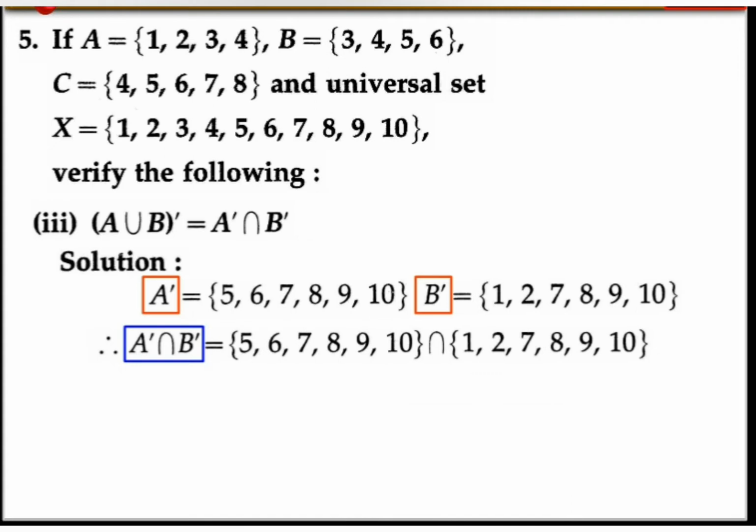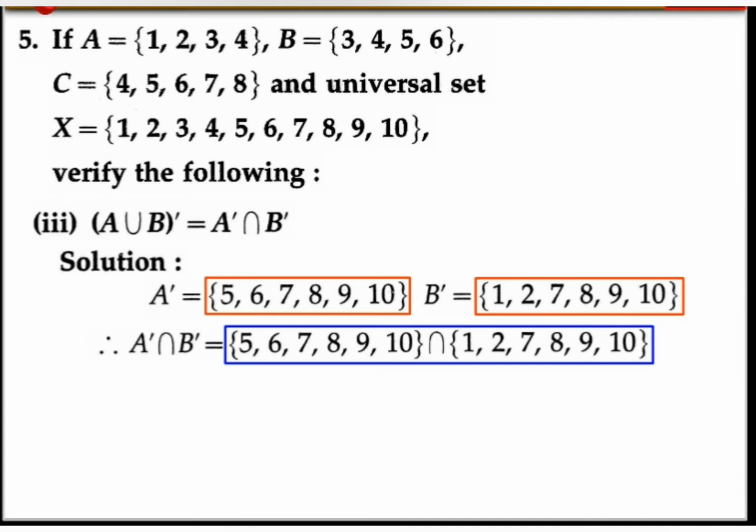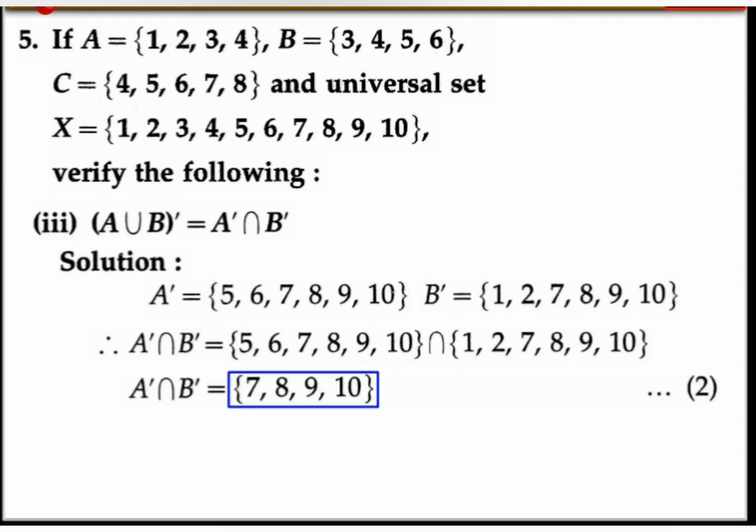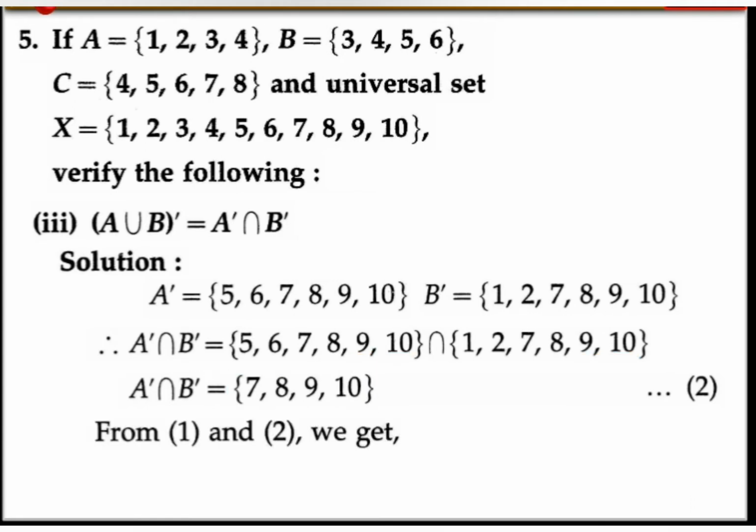Now A complement intersection B complement will be set of 5, 6, 7, 8, 9, 10 intersection set of 1, 2, 7, 8, 9, 10, which is equal to set of 7, 8, 9, 10. Now from 1 and 2 we get complement of A union B is equal to A complement intersection B complement.